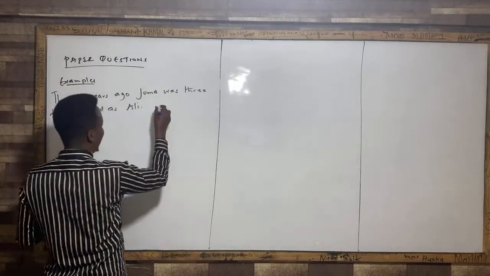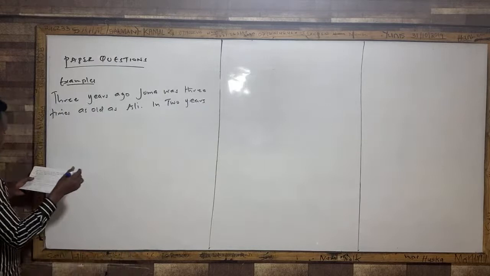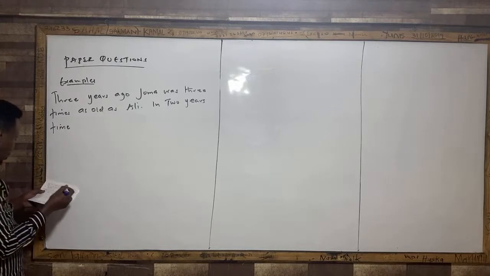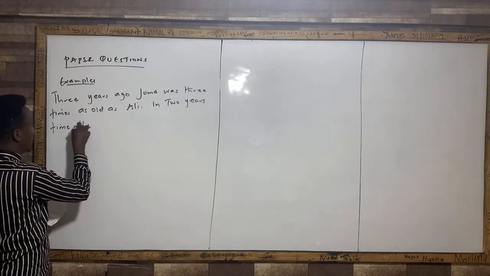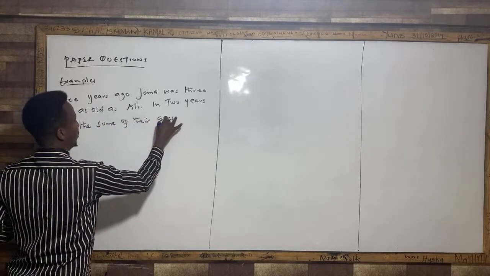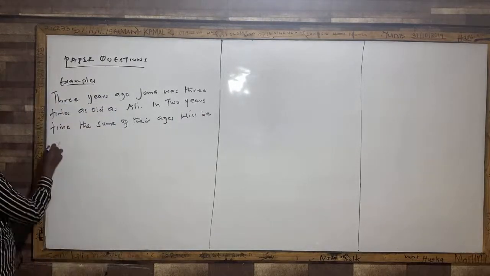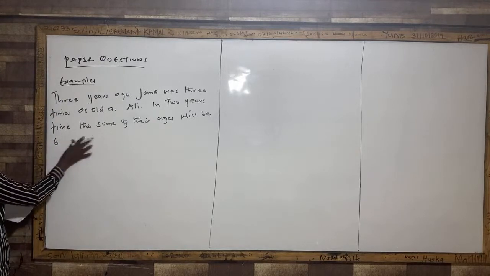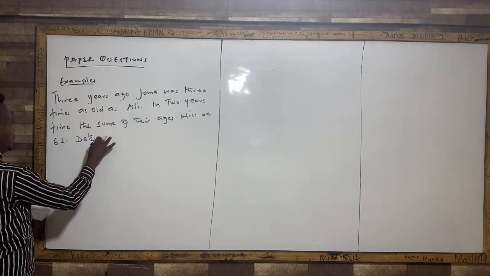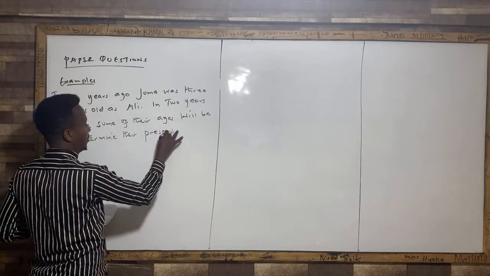Then you're told in 2 years' time, the sum of their ages will be 62. Full stop. Determine their present age.